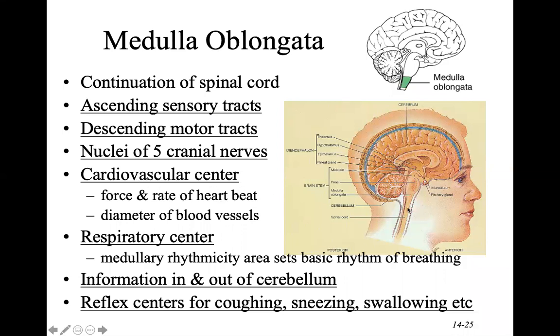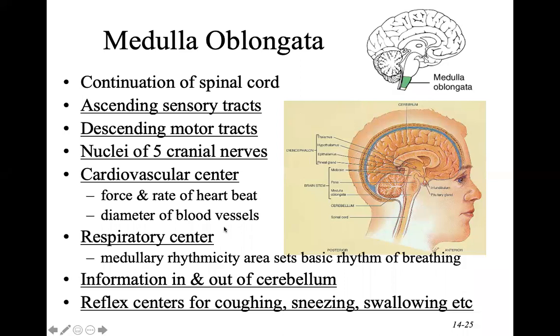So the cardiovascular center regulates the force of the heartbeat, your cardiovascular rate, and the diameter of your blood vessels, right? If your blood vessels open up and dilate, your blood pressure drops. If the blood vessels constrict, your blood pressure goes up.